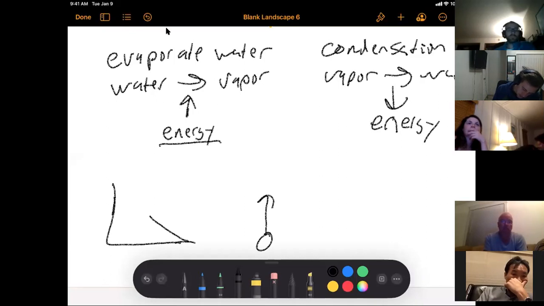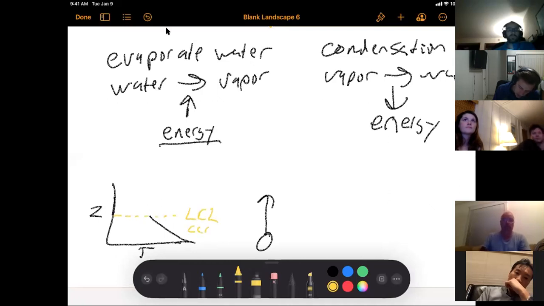If we do this as z and this as temperature, so altitude on the y-axis and temperature on the x-axis, we're cooling until we reach something here called the LCL, or it could be the CCL too, okay? So basically at this level is where the parcel air will start condensating, okay?